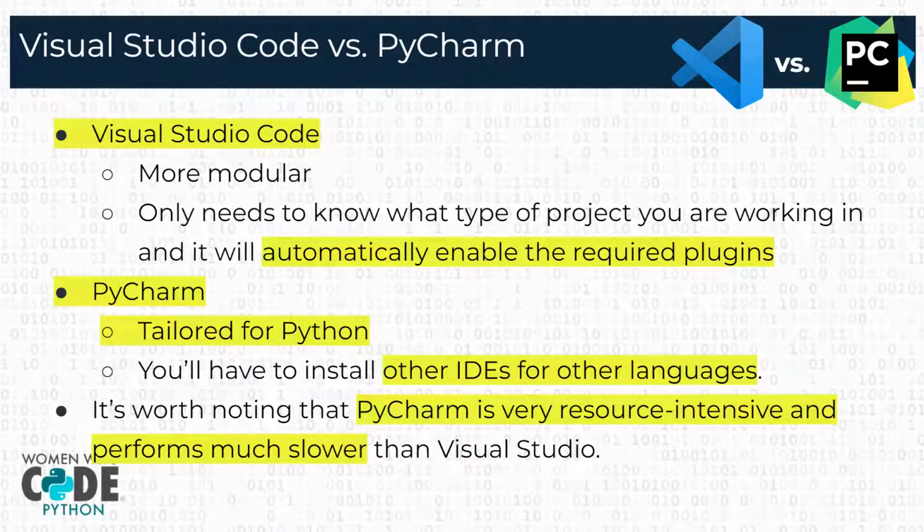It is also worth noting that PyCharm is very resource intensive and performs much slower than Visual Studio Code. So consider PyCharm if you'll be working mainly with Python, but consider using Visual Studio Code if you need to work with multiple languages and want the flexibility to customize your IDE.